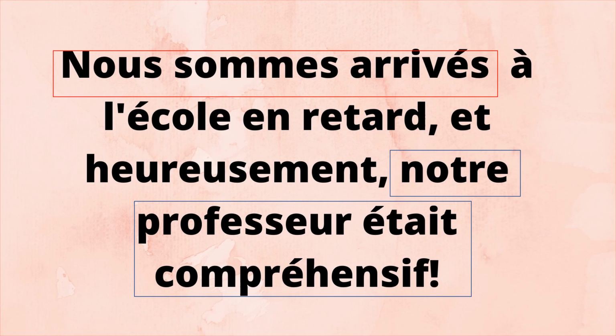But if you say she was understanding, notre professeur était. If you were to say something like she was eating, our teacher was eating, we do not have to say était manger. We pay attention to the main verb in the sentence, which is eating or eat. So we would say notre professeur mangeait.